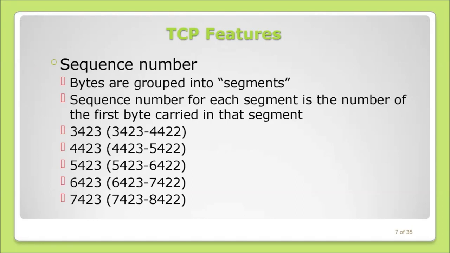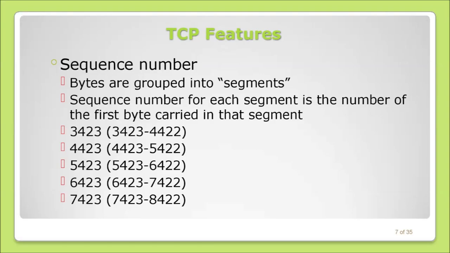TCP features, continued topic. Sequence number. Bytes are grouped into segments, because when data is transmitted, byte or the collection of bytes are called segments. So collection of bytes is being carried as segments.